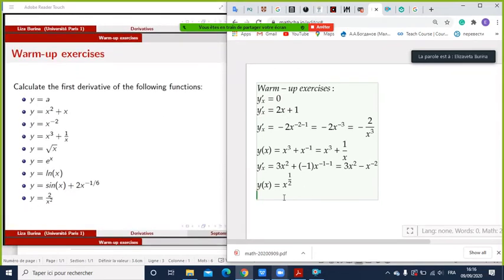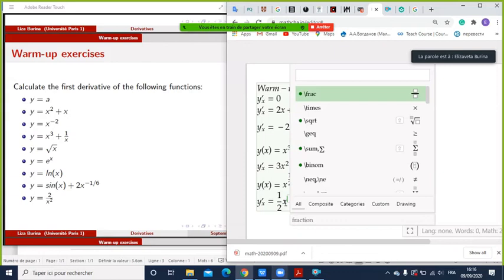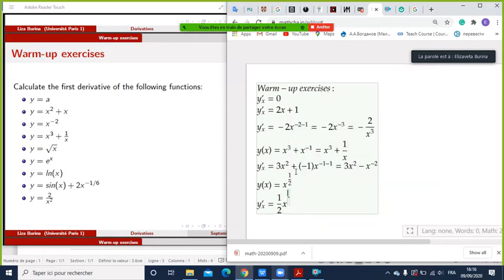The first derivative of y with respect to x will be, well, the power becomes a coefficient, so it's 1 over 2, x to the power of, and here what we have to do is take the 1 over 2 minus 1, right?